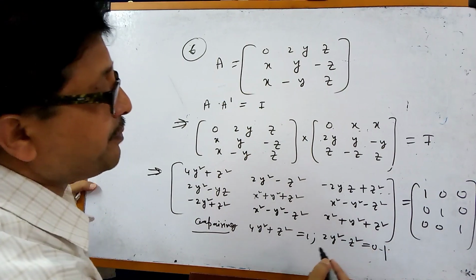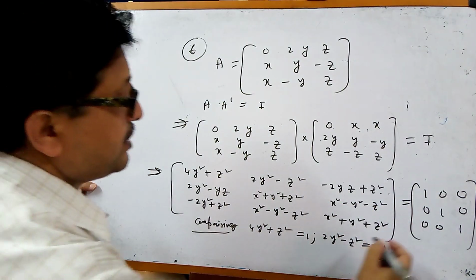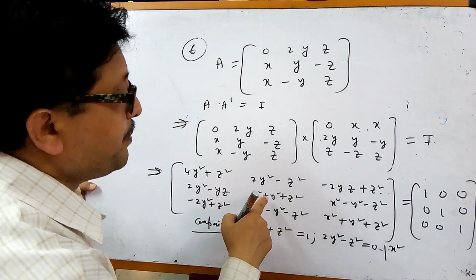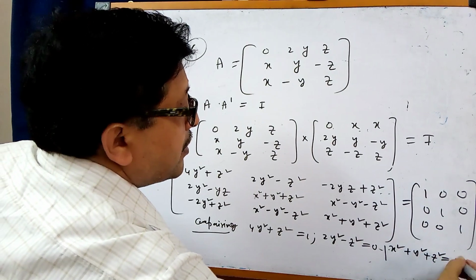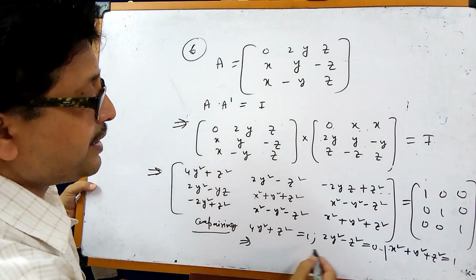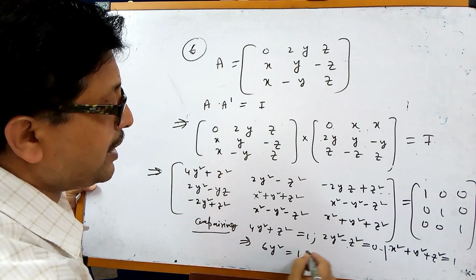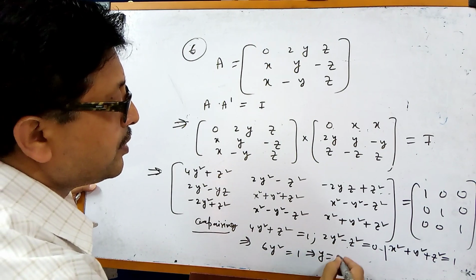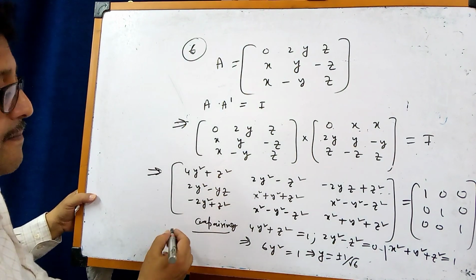Then you compare this way, x square plus y square plus z square is 1. I am comparing this element with this. So you just solve these two, adding, 6y square equal to 1, y equal to plus minus 1 by root 6.